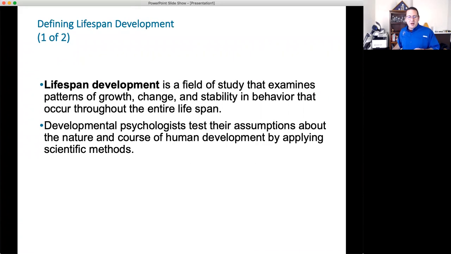So lifespan development, as it says here, is the field of study that examines the patterns of growth, change, and stability in behavior that occur through the entire lifespan, hence the name, right? So we look at lifespan from cradle, actually before cradle, prenatal, to death.